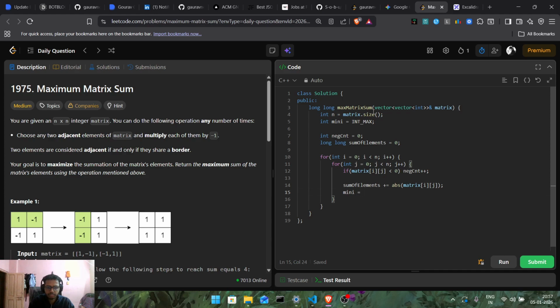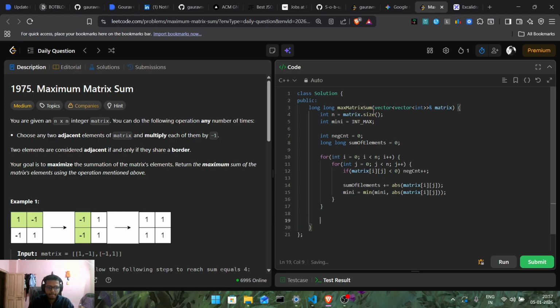And mini will be the minimum of mini and the element. Make sure it's the absolute value, because we just talked about it, right? We have to take the smallest absolute value, which will be mini.